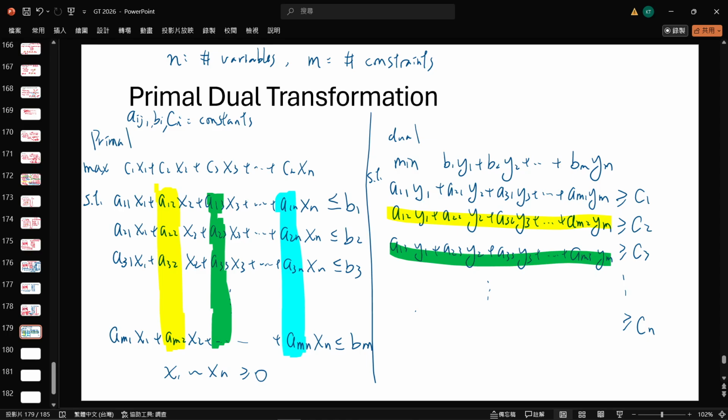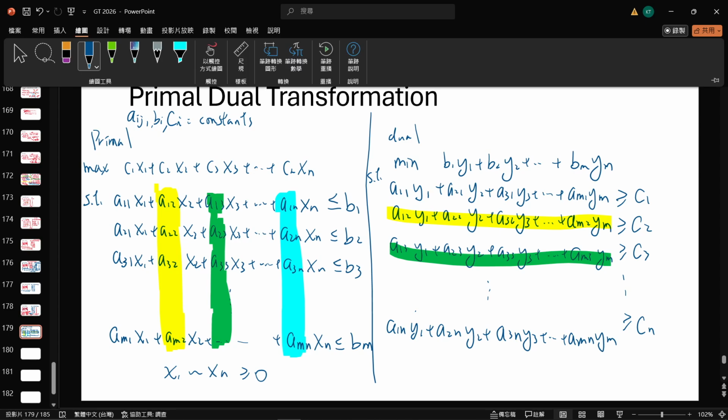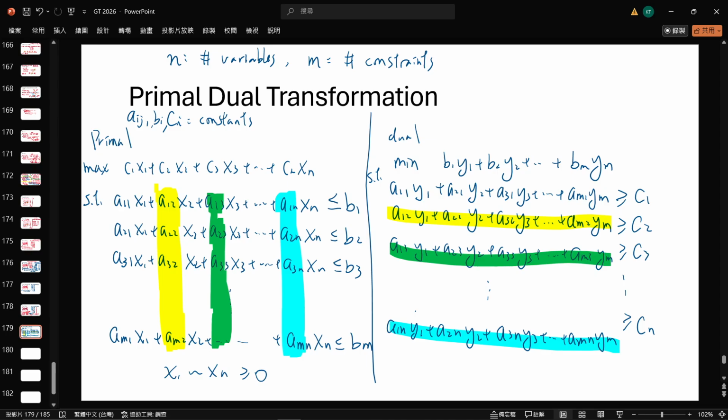So this is the coefficient of xn. And finally, all the dual variables are non-negative. So this is the dual problem.